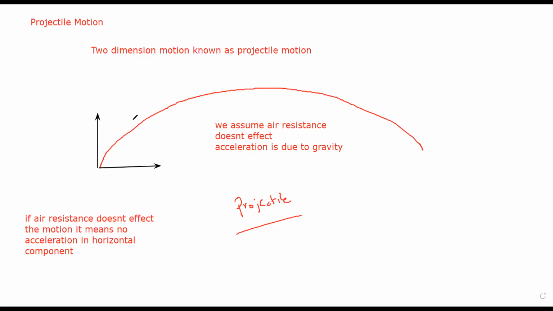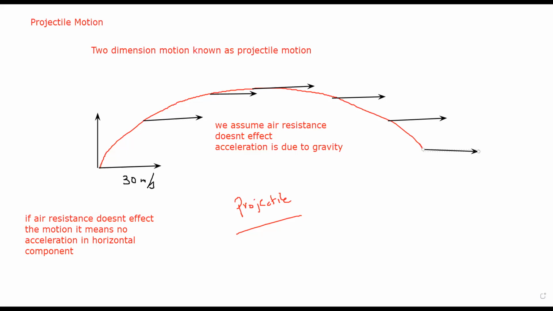For example, you launch a projectile which has two motions, horizontal and vertical. If the original horizontal velocity is, say, 30 meters per second, the horizontal component at any point will remain the same, 30 meters per second.